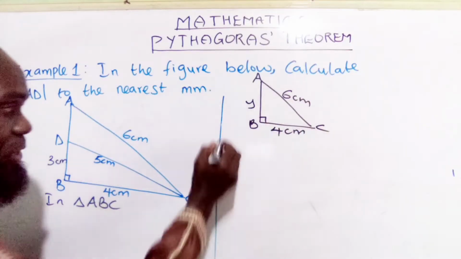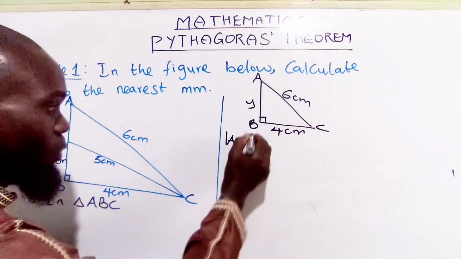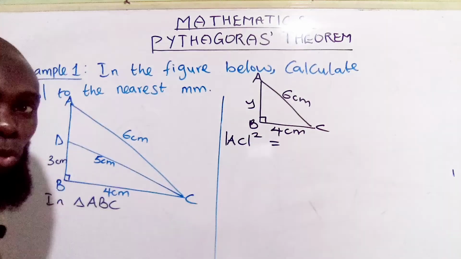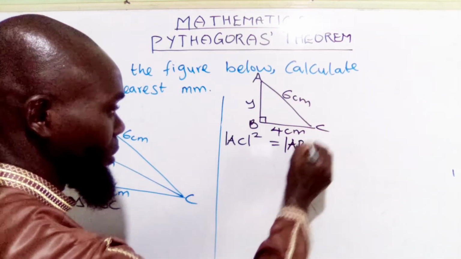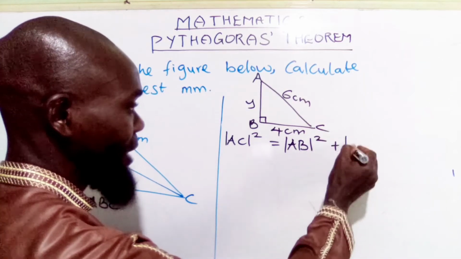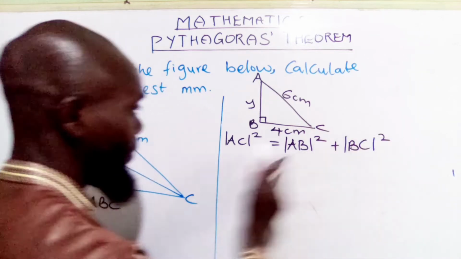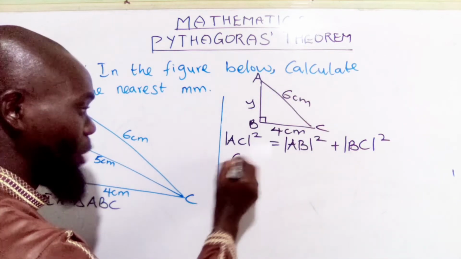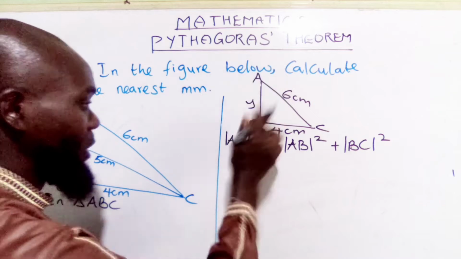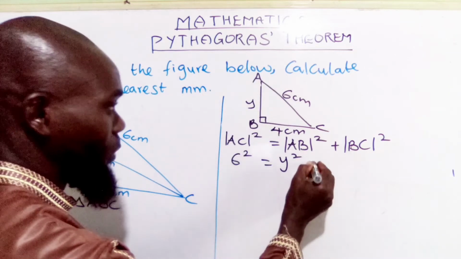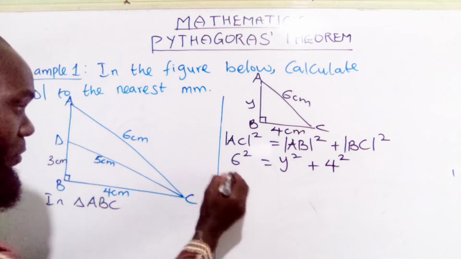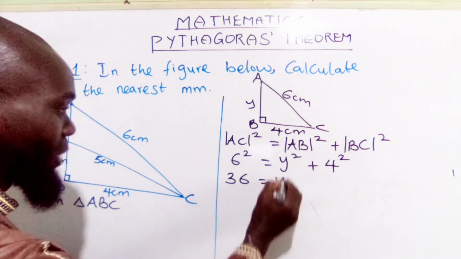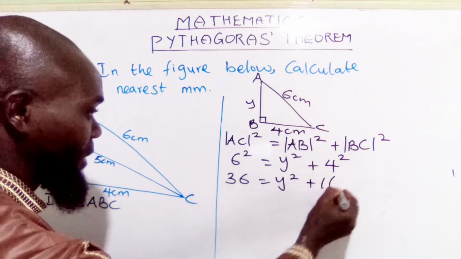The square of the hypotenuse side, line AC squared, is equal to the sum of the squares of the two opposite sides, line AB squared plus line BC squared. So let's apply: line AC squared is equal to line AB, Y squared, plus line BC, 4 squared. So here we have 36 equals Y squared plus 16.